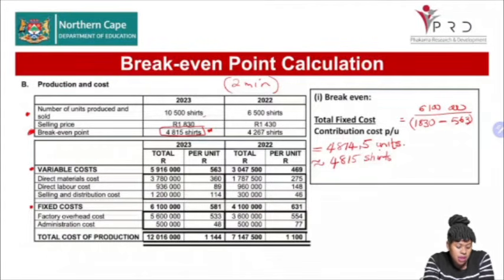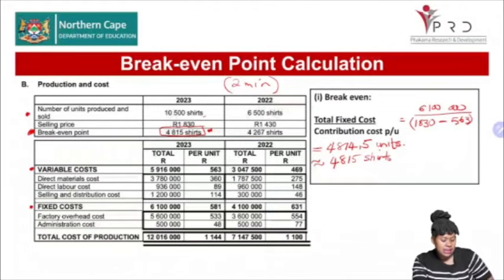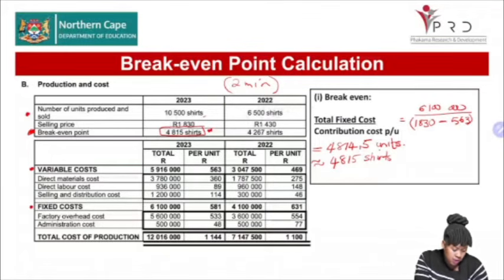That is 2023. As you can see, we have made a profit in 2023. Okay, then we're looking at 2022. 6,500 shirts were produced and sold, and the break-even point was 4,267. Okay, so how do we then comment based on this?